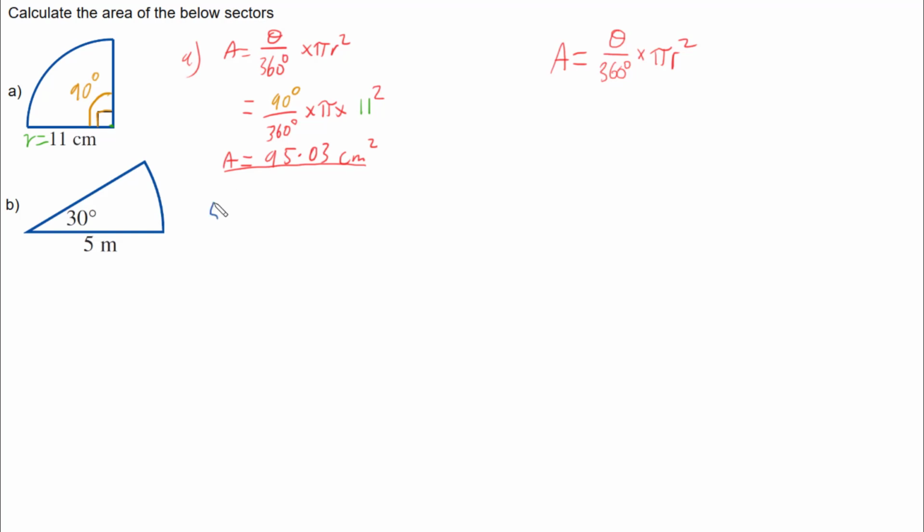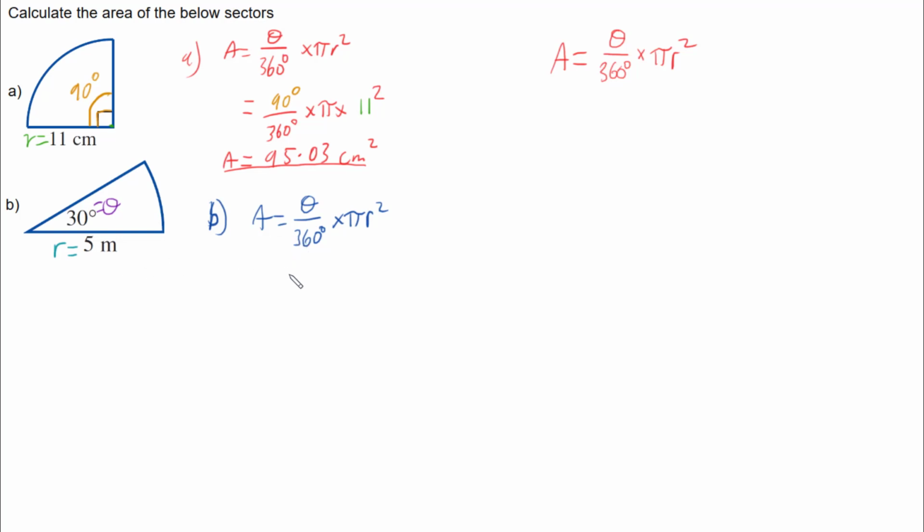Part B is very similar. We're going to use the same rule. Area is theta on 360 degrees multiplied by pi r squared. We just need to know that theta is the 30 degrees here, and my radius is 5 meters.